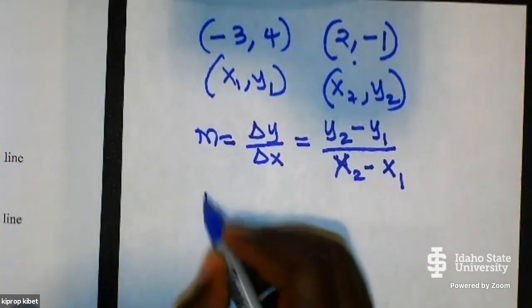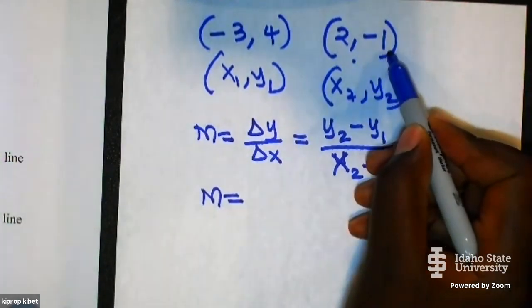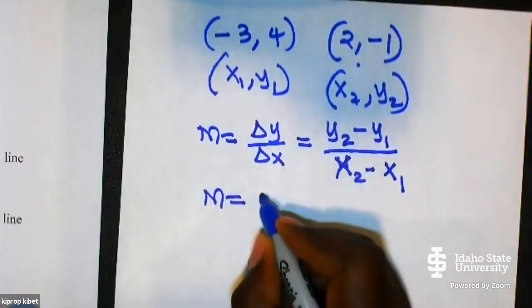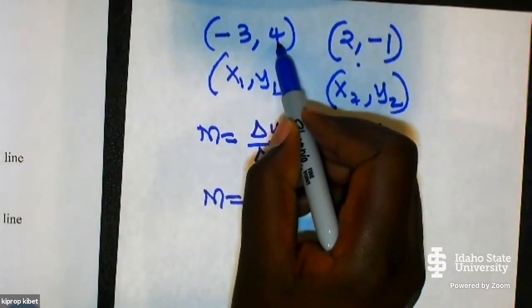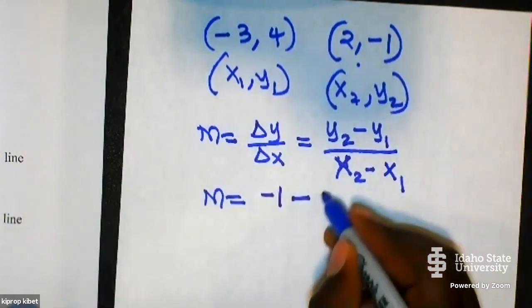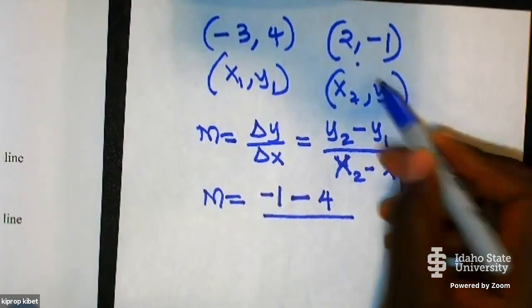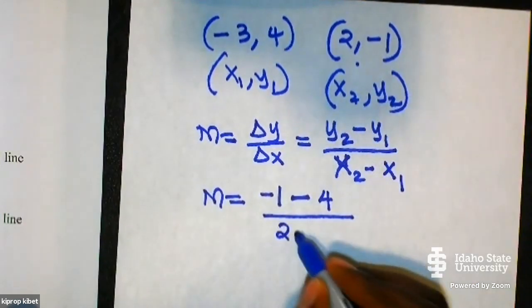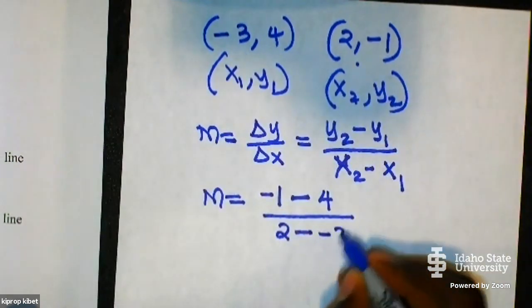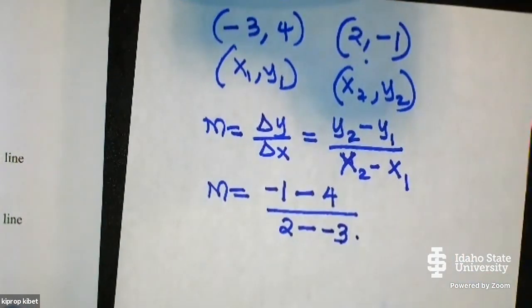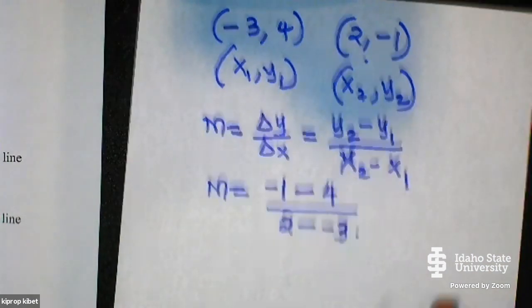So m equals to y2, which is -1, minus y1, which is 4, all over x2, which is 2, minus x1, which is -3.